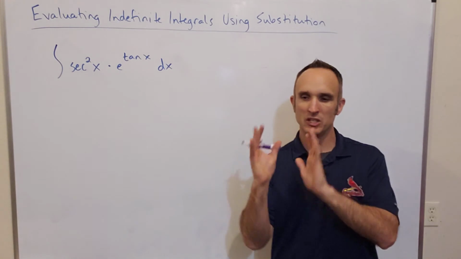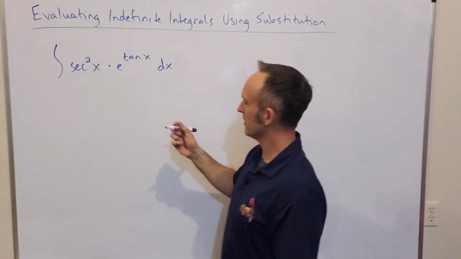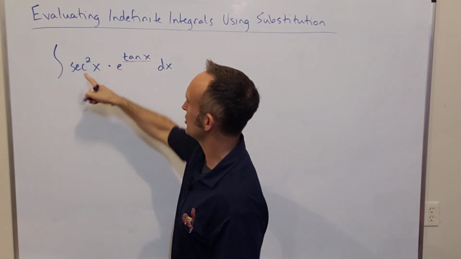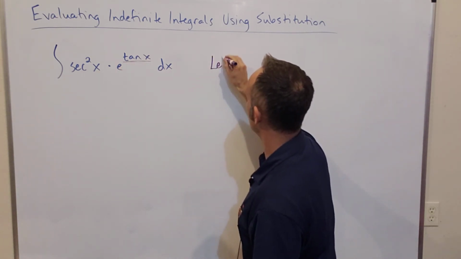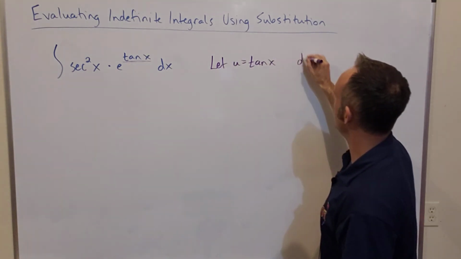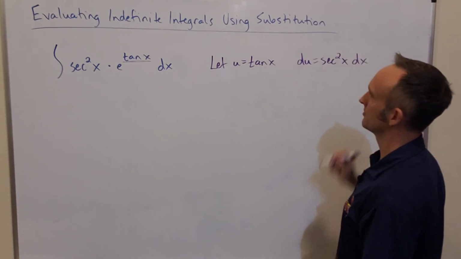Whatever you choose to be u, you're going to differentiate to get du. So when I look at this, I see my tangent, and I know the derivative of tangent is secant squared. So I'm going to let u be my tangent of x function so that du is secant squared x dx.